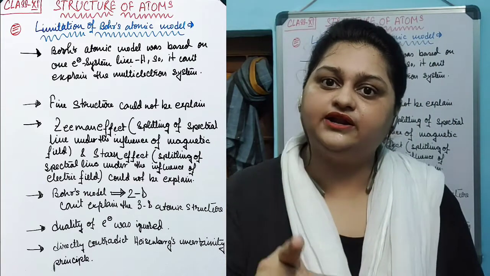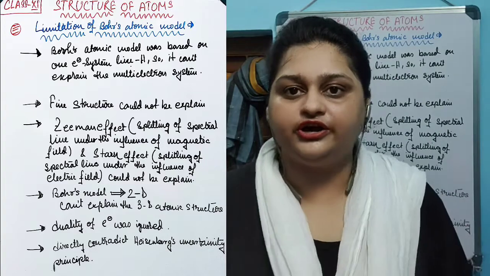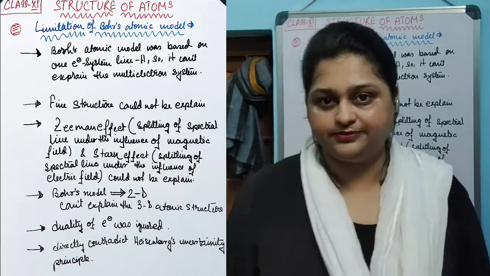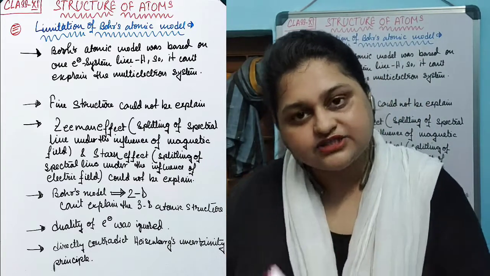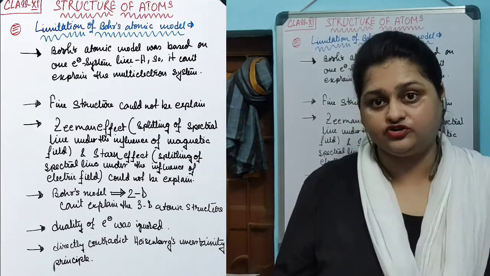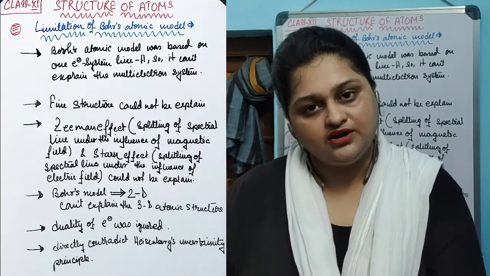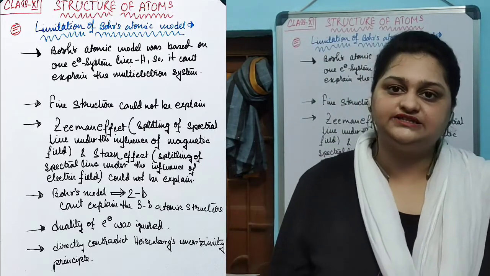But Bohr's model calculated that. The Heisenberg uncertainty principle was developed because of the dual nature of the electron, and the dual nature of the electron was not included in Bohr's theory. That's why this contradiction is there.